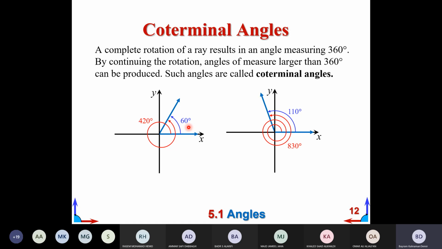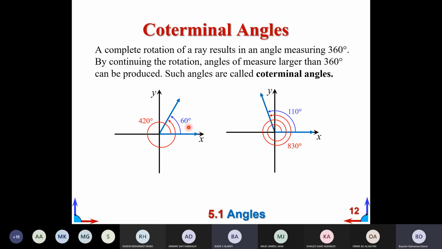So this is the idea to find another angle. When I give you a certain angle, you need to add 360 or subtract 360, depending on the question. Now, if I give you 830 degrees, Shabab, how do you find the 110? Subtract 720.